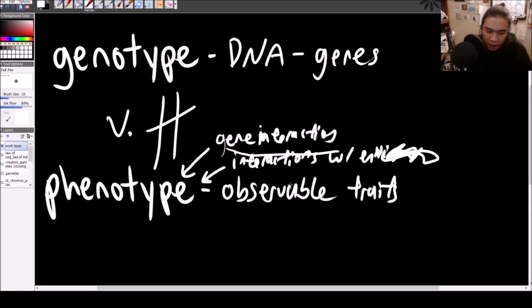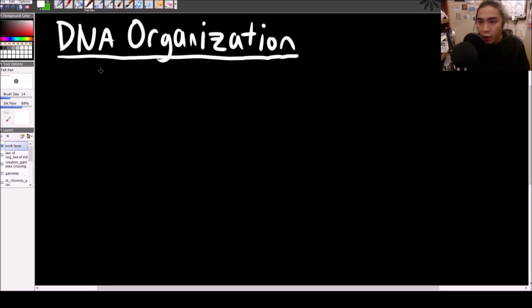Your genome, the human genome, is not stored within one huge long strand of DNA. It's stored in multiple huge long strands of DNA. But it's not just in a straight line, that would be crazy.